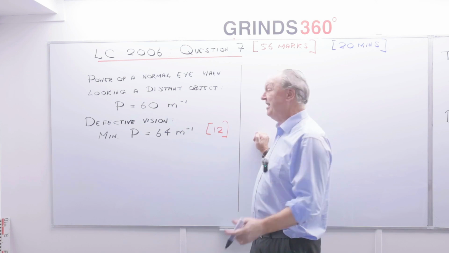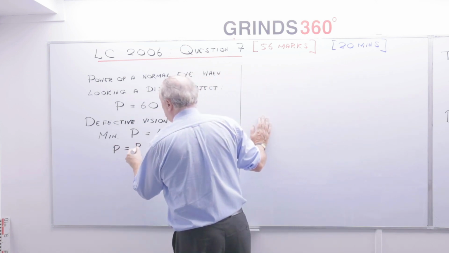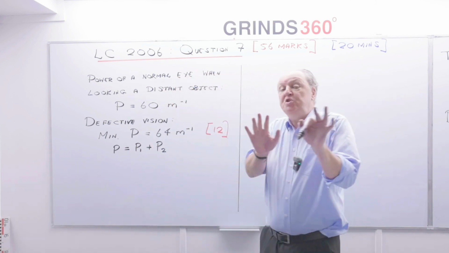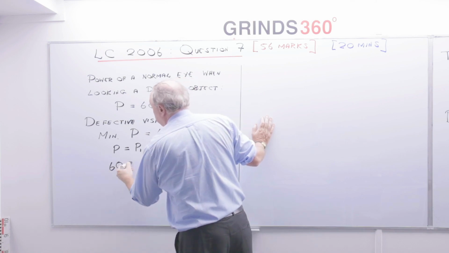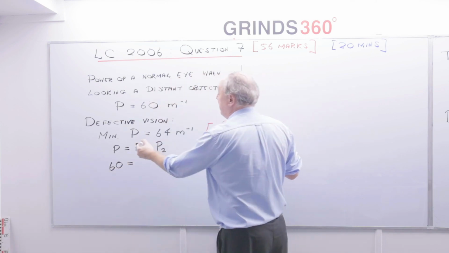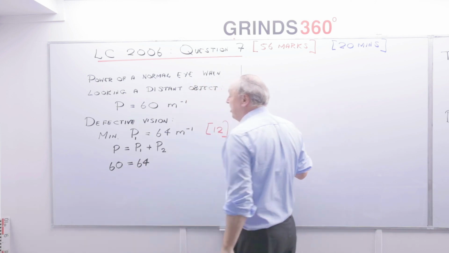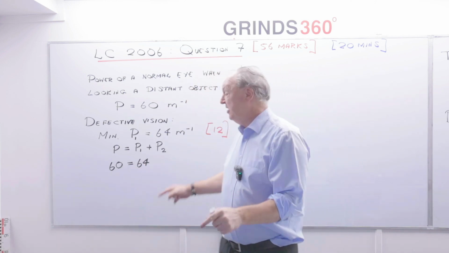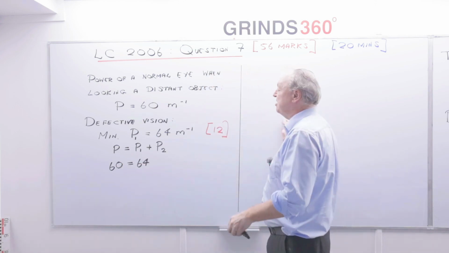Well, the first thing to do is write down your formula for power. Power is equal to P1 plus P2. The power that you want is 60. The power that you have, we call this P1, is 64. And therefore, I want another power to be added to that, so I end up getting 60. That's the power of my glasses or my spectacles.